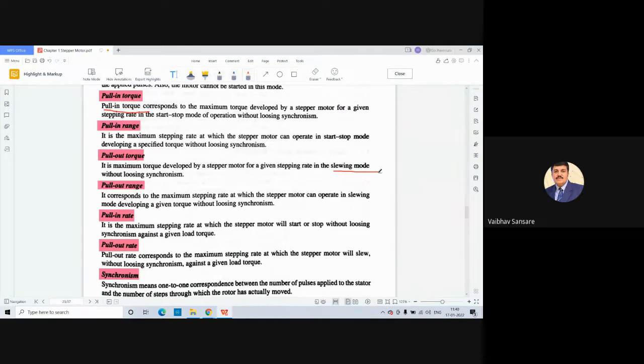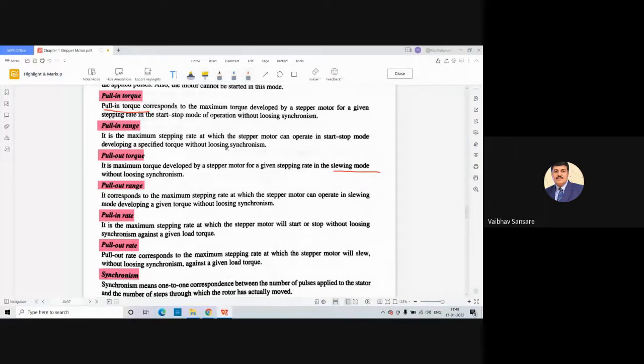Depending upon the pull-in torque and pull-out torque, there are the pull-in range and pull-out range. What is the meaning of pull-in range? Pull-in range is the maximum stepping rate at which the stepper motor can operate in start-stop mode, developing a specified torque.